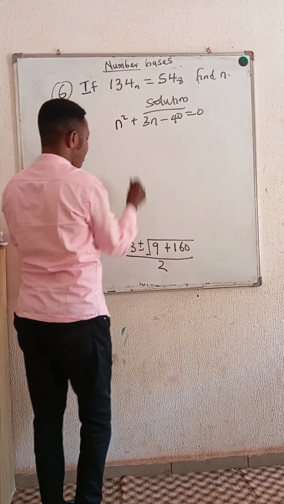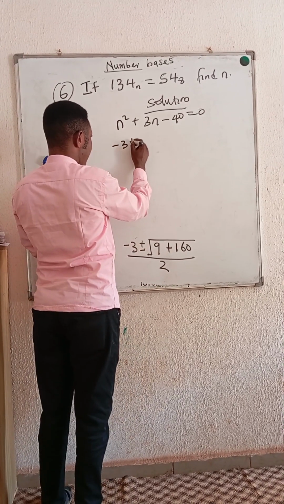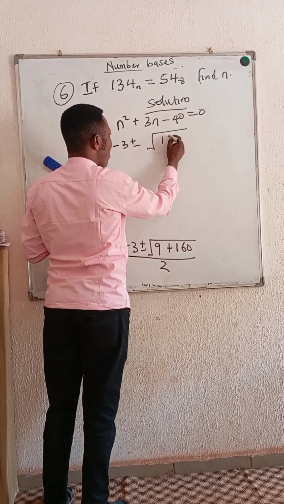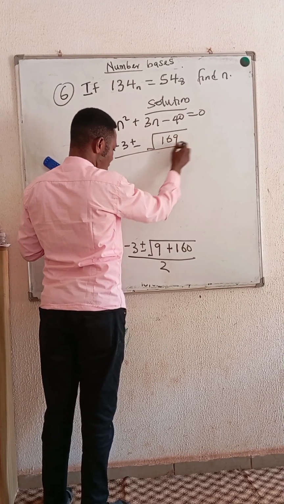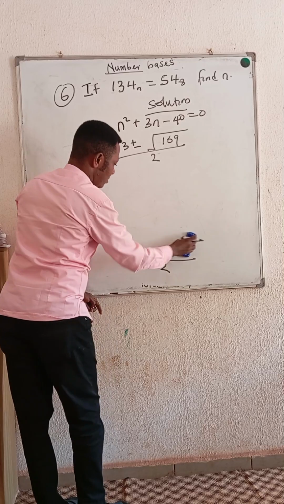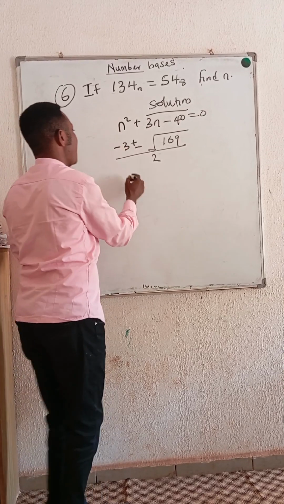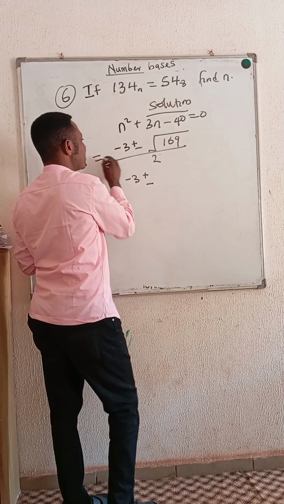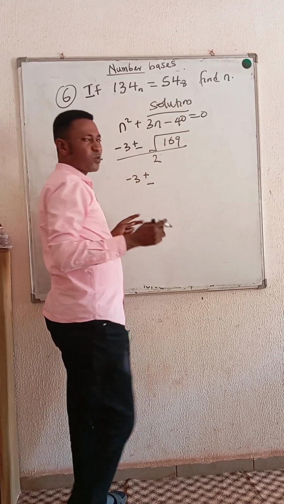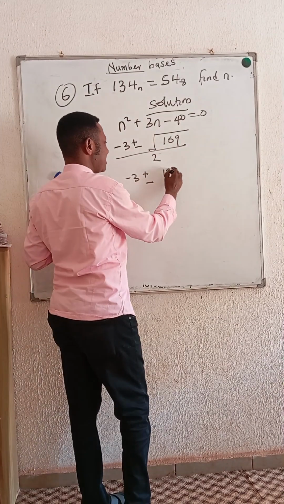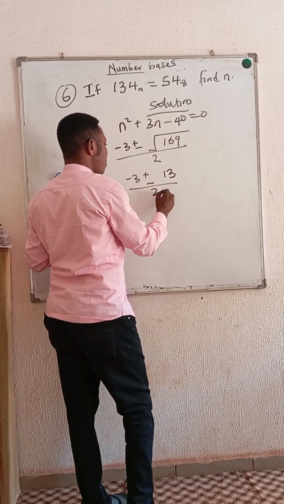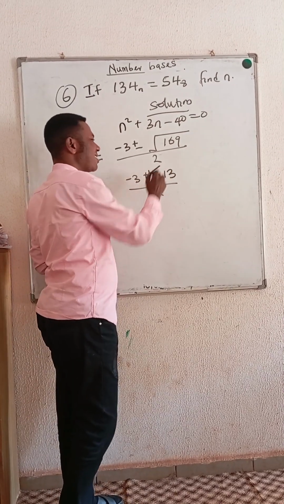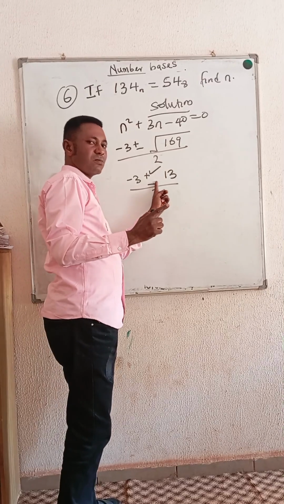So now we have minus 3 plus or minus the square root of 9 plus 160, which is 169, all over 2. We are almost done. Now, our n is equal to minus 3 plus or minus, what is the square root of 169? It is 13, all over 2. So we have two answers. The first is when we use plus, and the second is when we use minus.